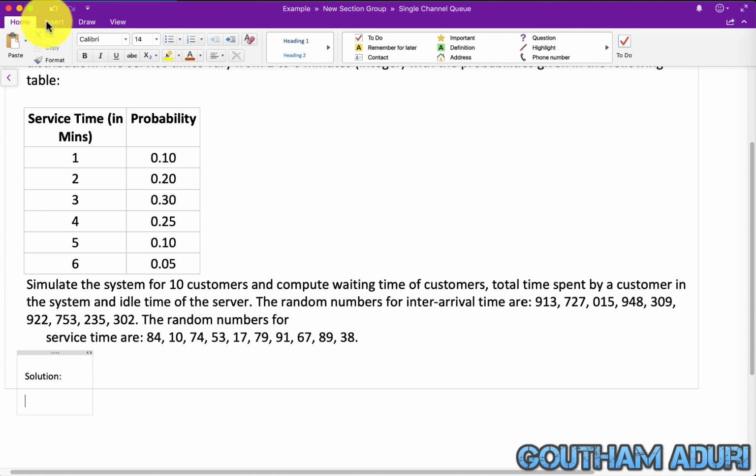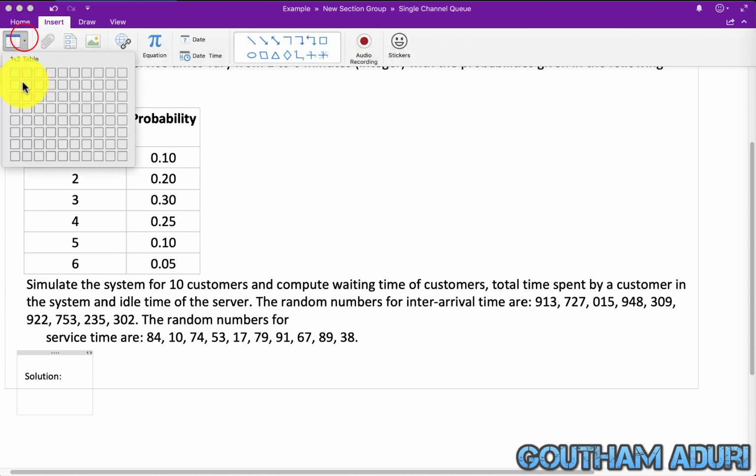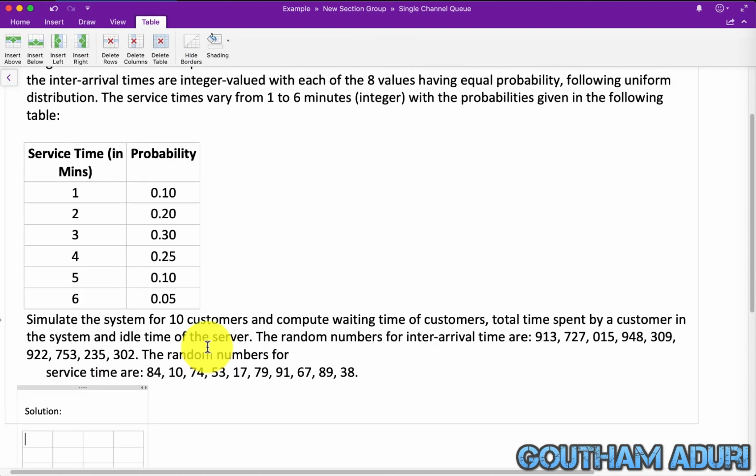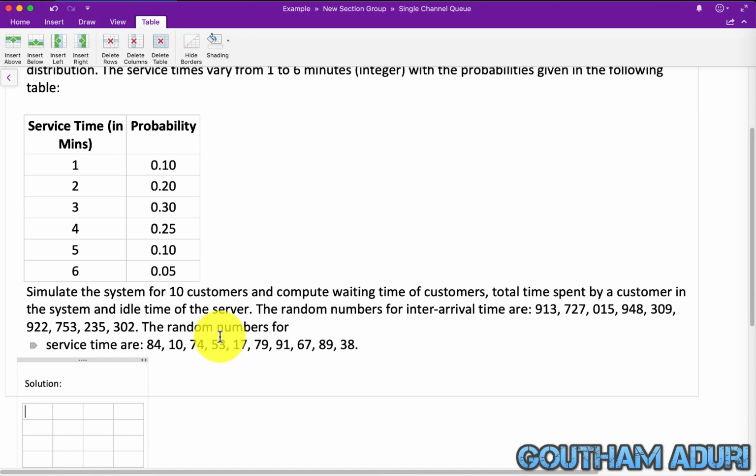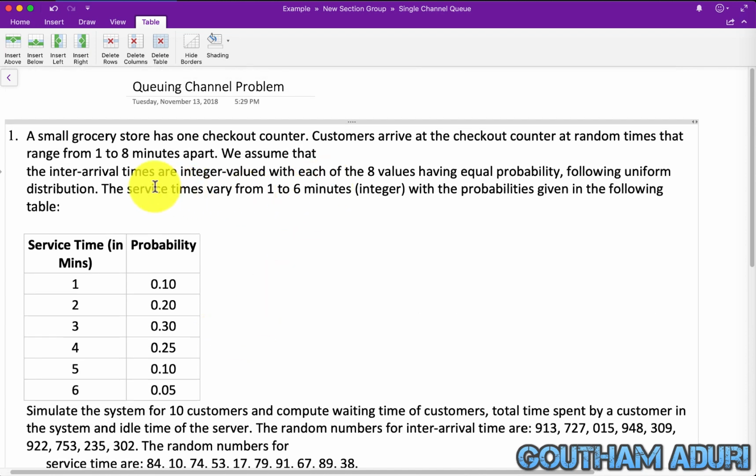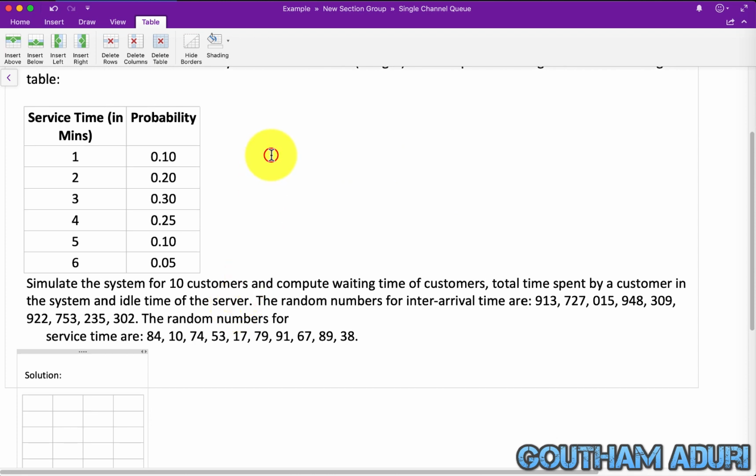So insert a table, I think 4 rows and 8 columns. The first one is inter-arrival times, with each of the 8 values having equal probability.